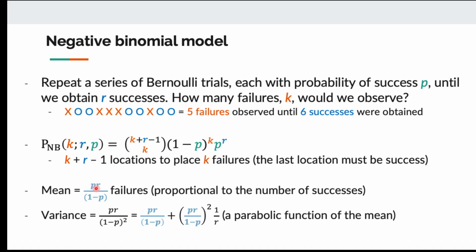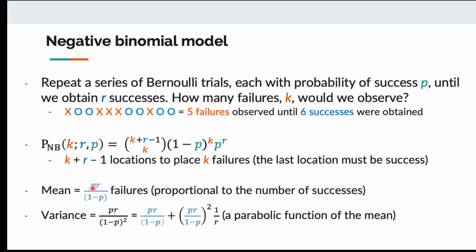If you have more successes, it means you do more tosses, and you're going to have more failures along the way. And the ratio is going to be equal to the odds ratio. p is the probability of success and 1 minus p is the probability of failure. So your failures are going to scale with the number of successes in proportion to the odds ratio.